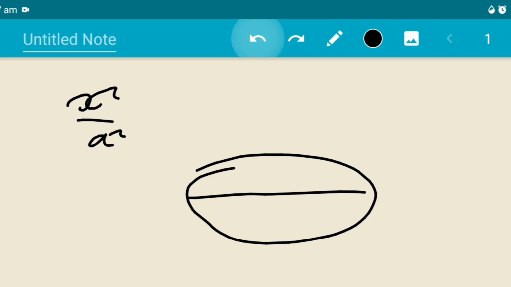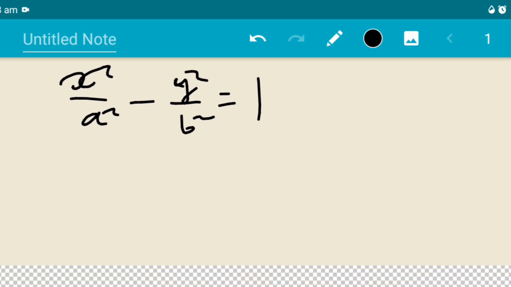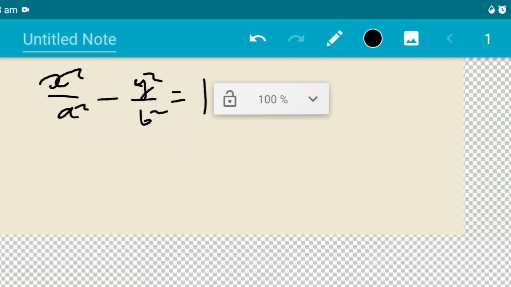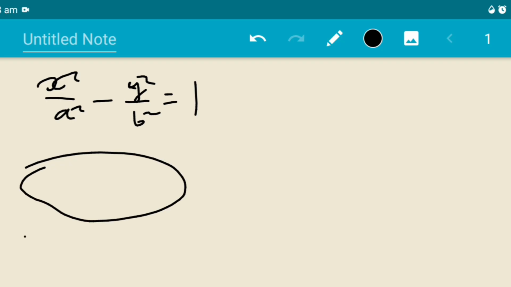So we would say minus y squared over b squared should be equal to 1. So let's find this equation. Our equation needs to look something like that. When we draw our ellipse, we've been told the mean distance, meaning the distance from here to here, is 93.